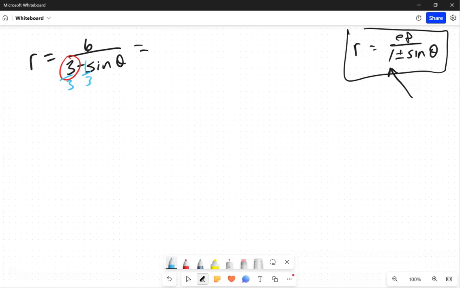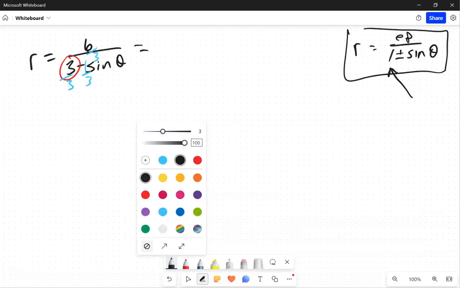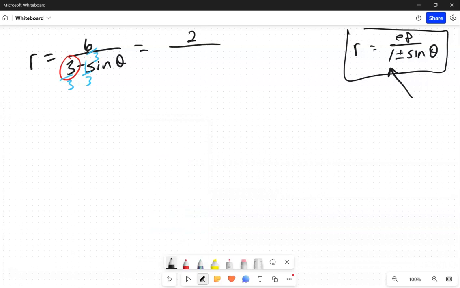If I divide that by 3 and then divide that by 3, the new version of that equation, 6 divided by 3, would become 2 on top. In this area here, 3 divided by 3 will now become my 1. And then I would have minus 1/3 sine of theta. Okay, so now I can use that equation, because now it has that 1 in that position like I need from what we said over here.